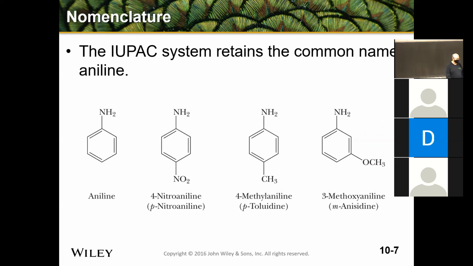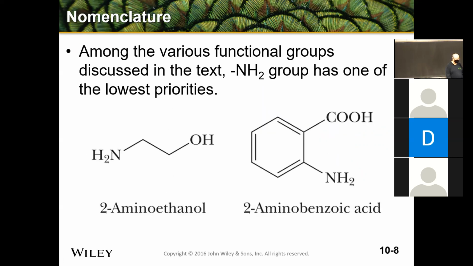Okay, these are anilines. If aniline is the parent compound, then the amino group is automatically on carbon number 1. The amino group is actually a group that has a low priority when it comes to naming of functional groups.